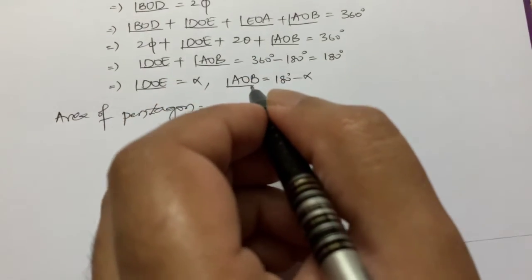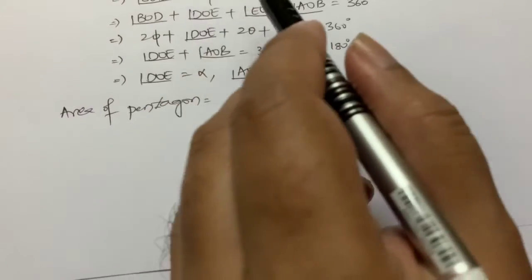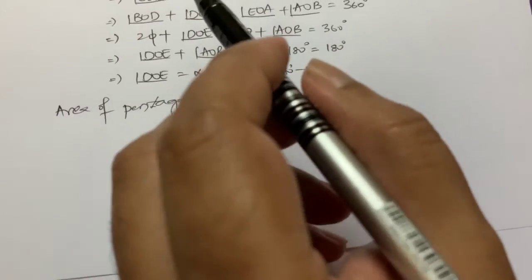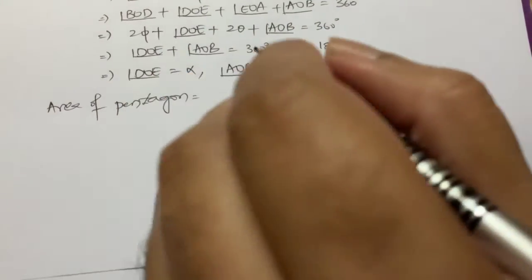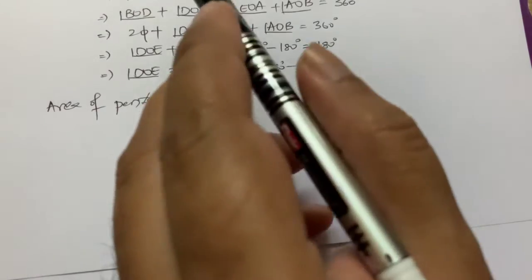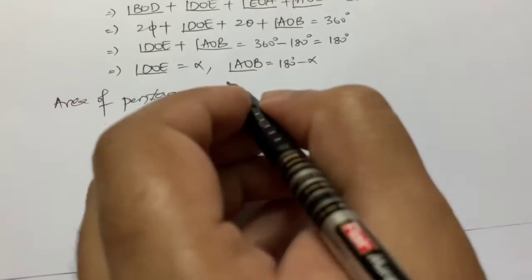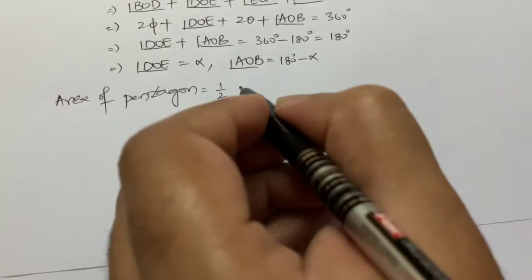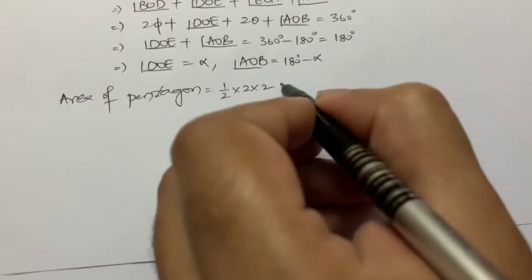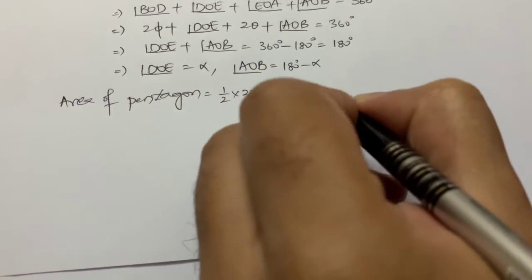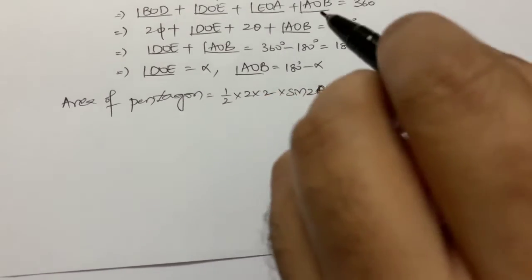The area of a triangle is half into side length into side length into sine of the angle between the two sides. So this is half, OA is 2, OE is 2, sine 2 theta.